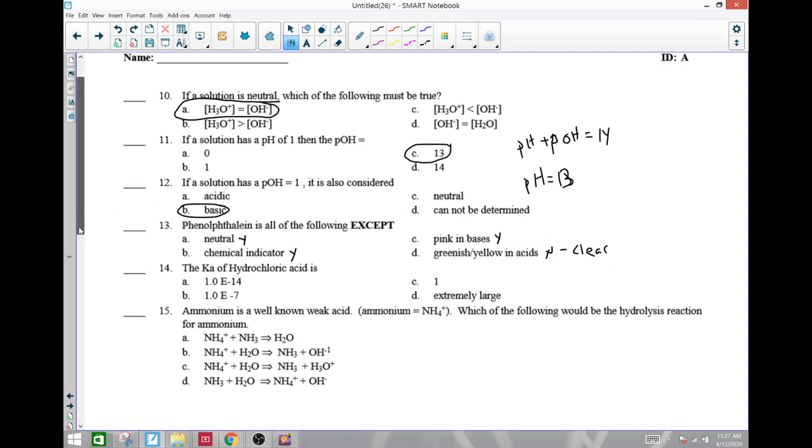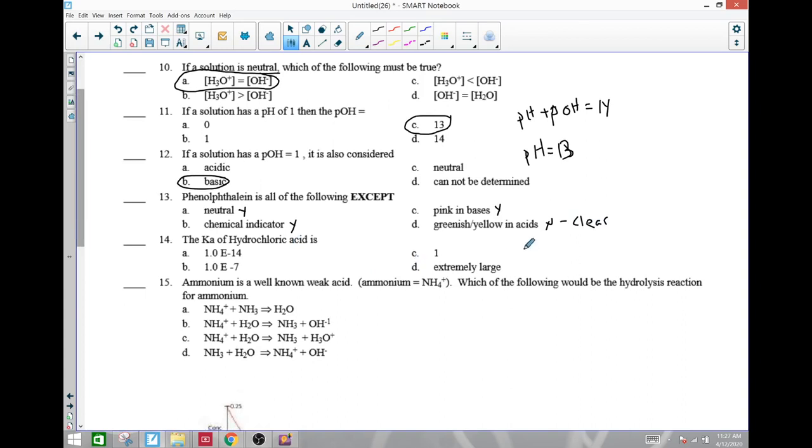The Ka for hydrochloric acid is, well, we have our reaction, which is HX, or HCl, plus H2O yields H3O plus and X negative.